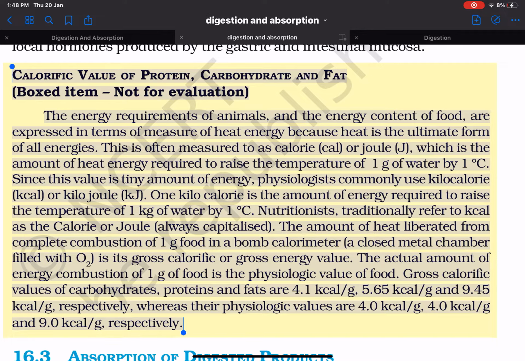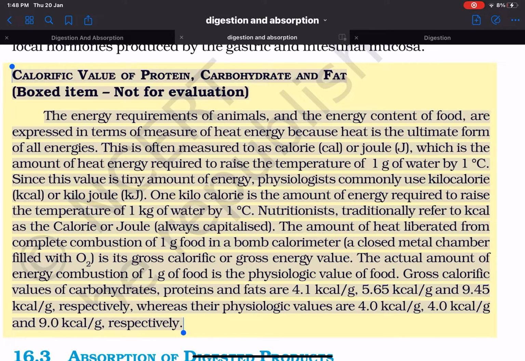This is often referred to as calorie, cal, or joule, J, which is the amount of heat energy required to raise the temperature of 1 g of water by 1 degree C. Since this is a tiny amount of energy, physiologists commonly use kilocalorie, kcal, or kilojoule, kJ. 1 kilocalorie is the amount of energy required to raise the temperature of 1 kilogram of water by 1 degree C. Nutritionists traditionally refer to kcal as the Calorie, always capitalized.